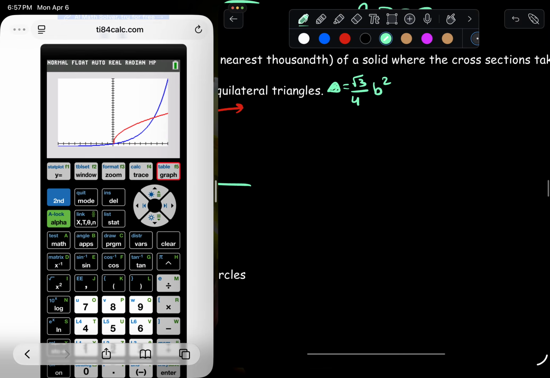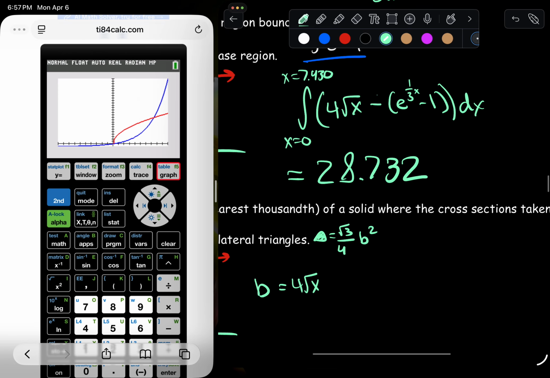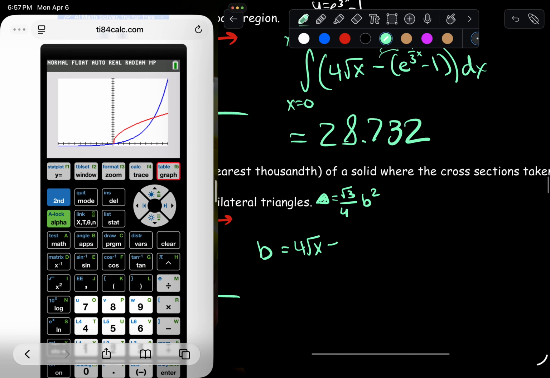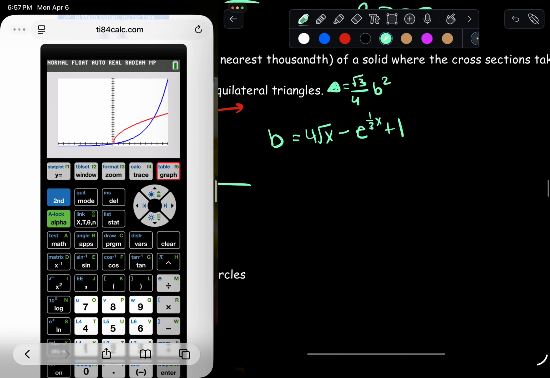Now when we find the volume using these equilateral triangles, I know that my b from here is going to be top minus bottom. That's going to be 4 square root of x, and then when I do the minus, I distribute it to both terms, so I get minus e to the 1/3 x plus 1. That is our base.